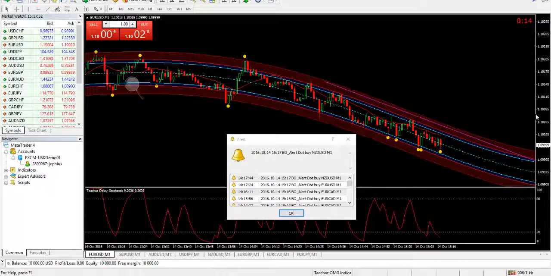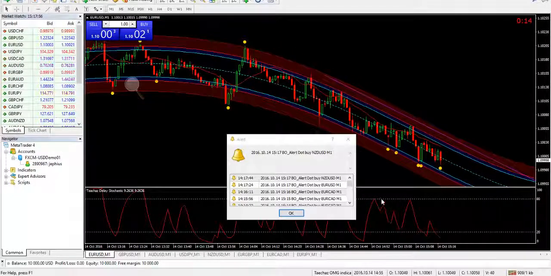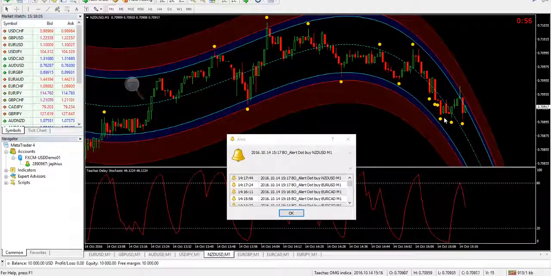So I'll ignore this one. This is how you filter out some unnecessary signals. But as you can see, guys, even here, this is unnecessary also. You can see that it kept on saying it's going to go up, but it went down.